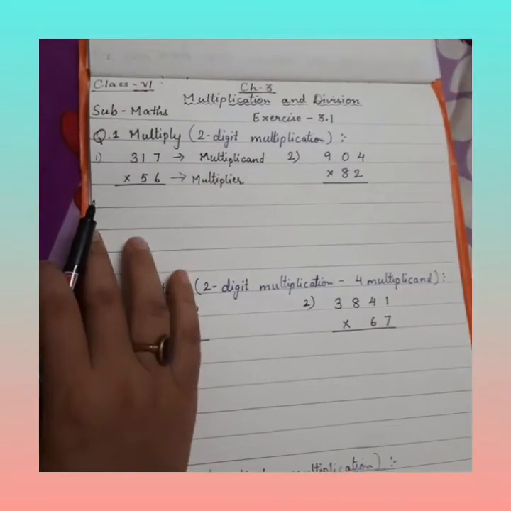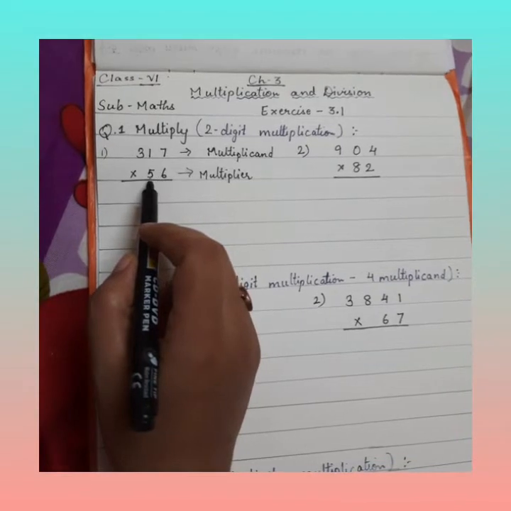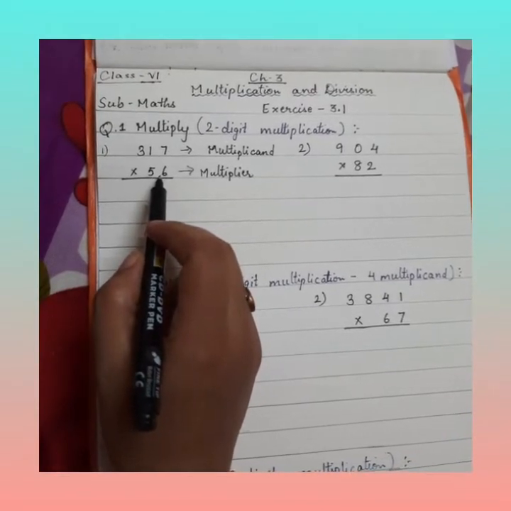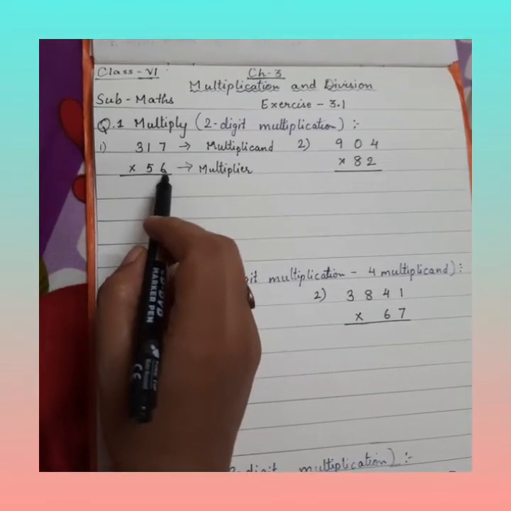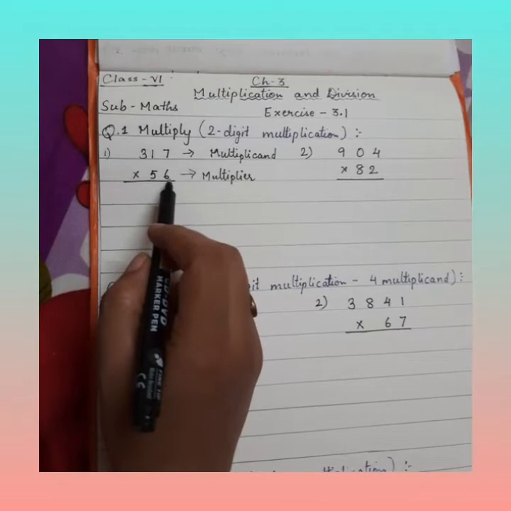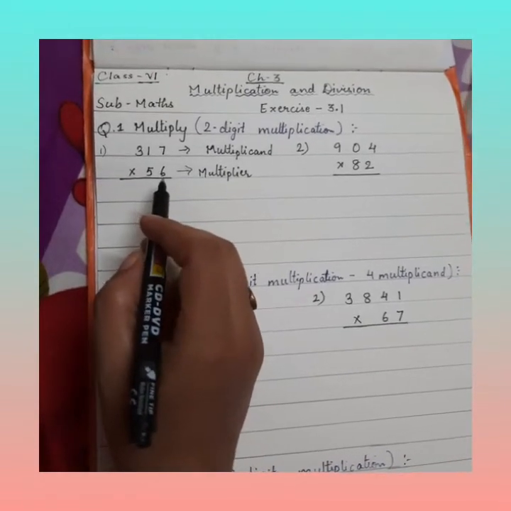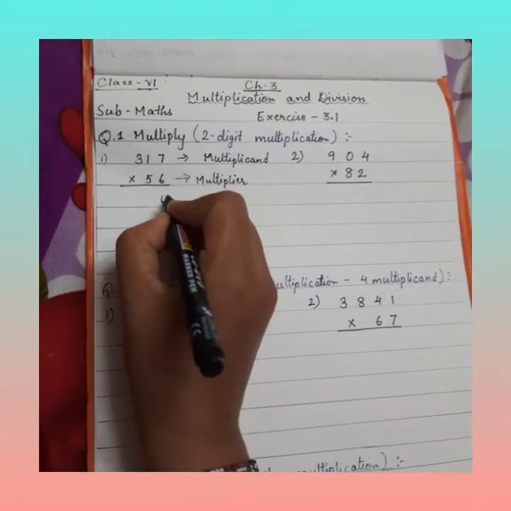Always remember, whatever the multiplier is, we have to first see if it is a 2-digit multiplier. So before starting the sum, we have to write 1 0 below it.